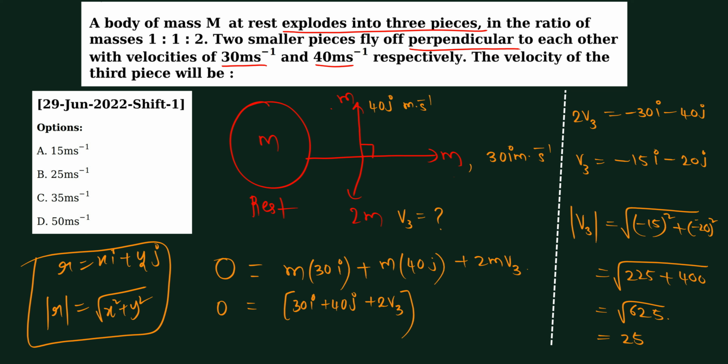Root 625 value is 25 meter per second. The velocity of the third piece is 25 meter per second. Your answer B is matching. Option B is matching.